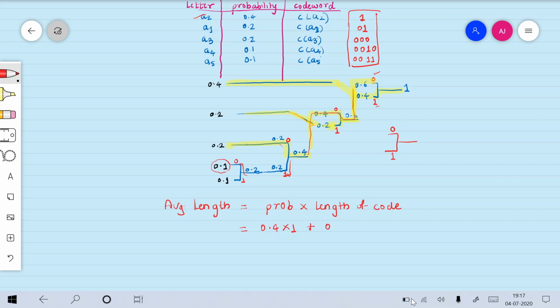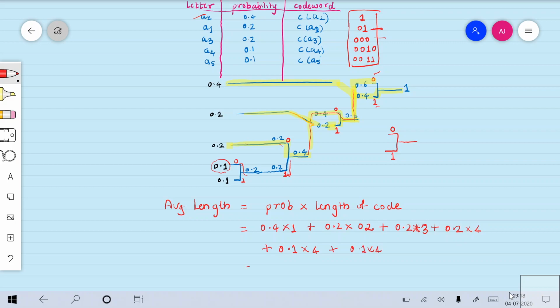Then I can write 0.2, the length of the code is 2, plus, see I am talking about this, then I have again 0.2 multiplied by 4, then 0.1 multiplied by 4 plus 0.1 multiplied by 4.